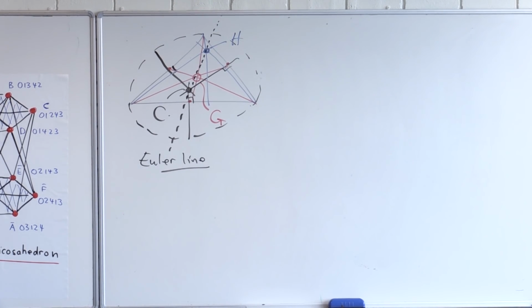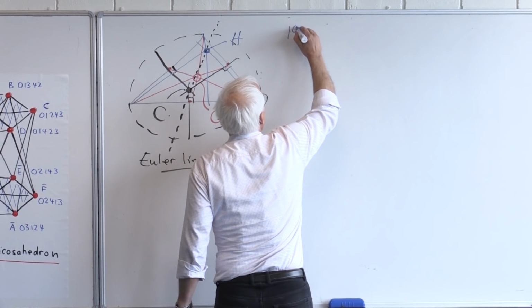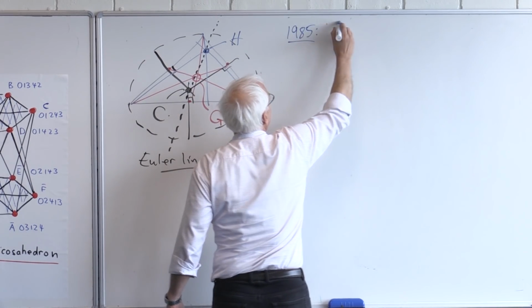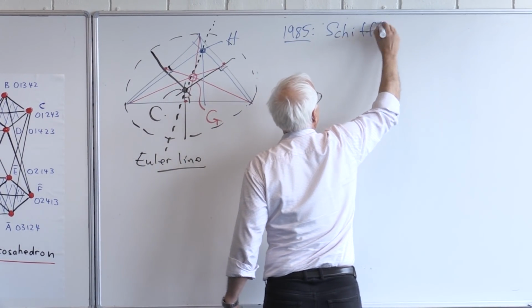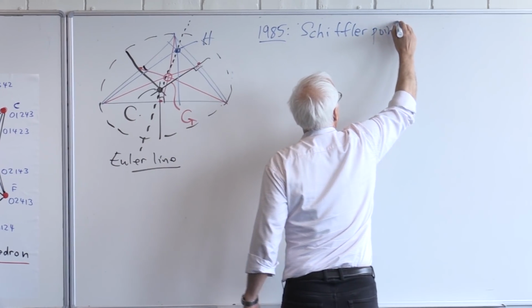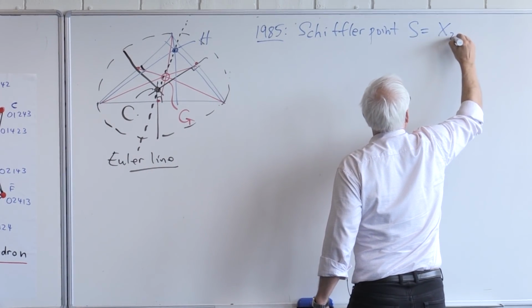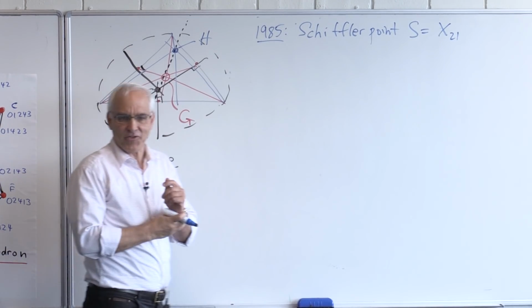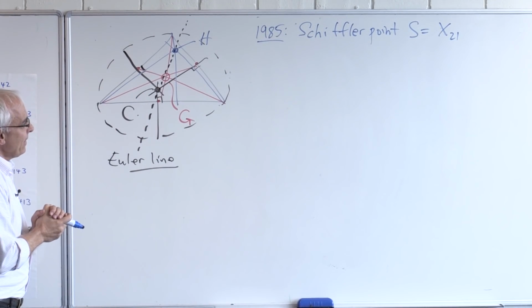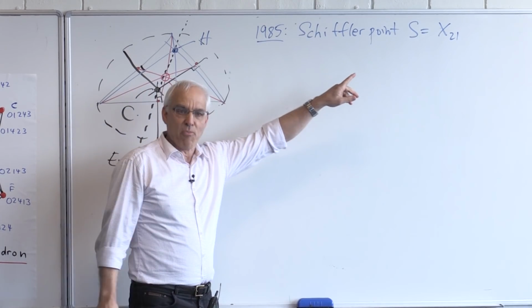Okay, so now in 1985, Kurt Schiffler introduced what's now called the Schiffler point, which is quite interesting. And it's actually number 21 in Clark Kimberling's encyclopedia, which means that it's reasonably important.